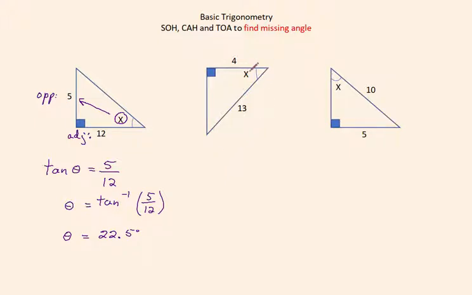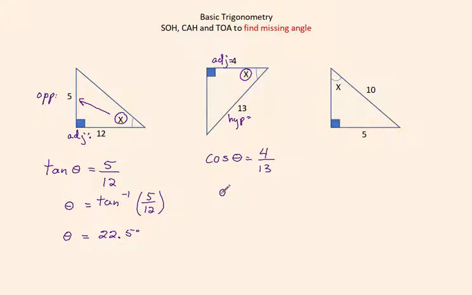Case number 2, I'm looking for this angle value. I have the adjacent side length, which is 4, and I have the hypotenuse. So I'm going to be using for this one the cosine, so CAH. So the cosine of theta will be the adjacent side, which is 4, over the hypotenuse length, which is 13.